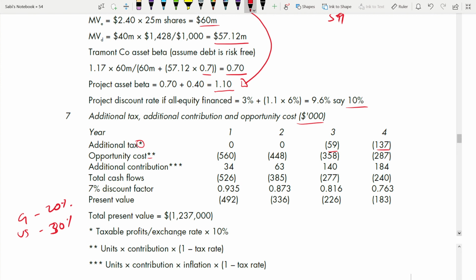So units into contribution, you're losing on this. What is the unit and what is the contribution? And if you see the third one, additional contribution: units into contribution into inflation into 1 minus tax rate.